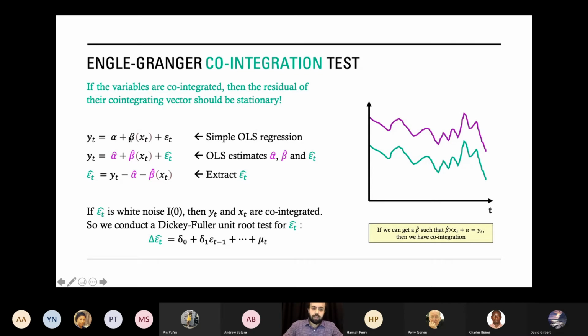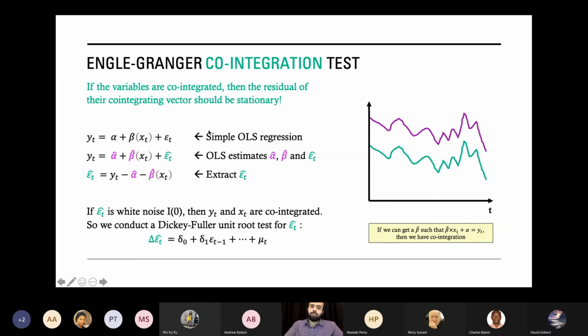with which if we multiply beta by xt, and obviously it could occur with a constant, which might be the difference between these two lines at this point, for example. So when we conduct this regression, we can possibly get a value of beta by which when we multiply it with xt and add that constant, we will get yt.